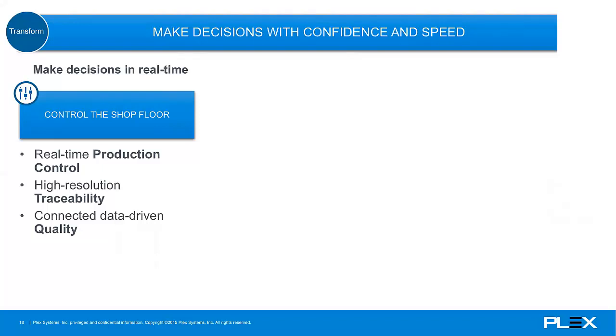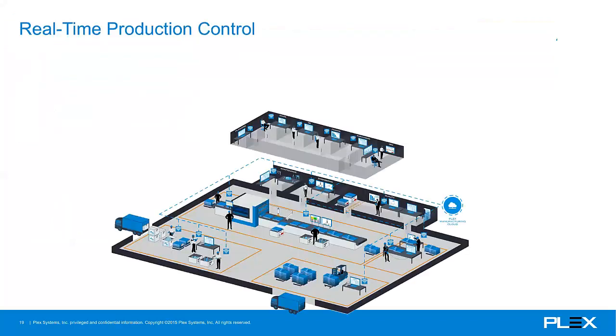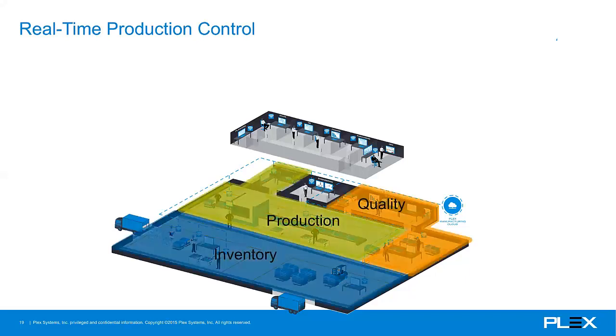When I speak to controlling the shop floor, I refer to error-proofing the process through real-time production control. This leads to a high level of traceability, and due to the integrated quality solution, a process that ensures the quality of the product is at the forefront of that process. The tight integration of these 3 critical areas, production, inventory, and quality, is what ensures real-time production control is possible.